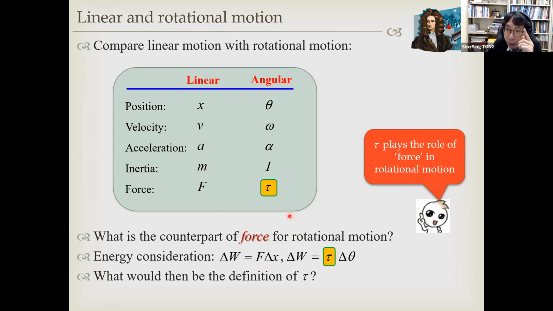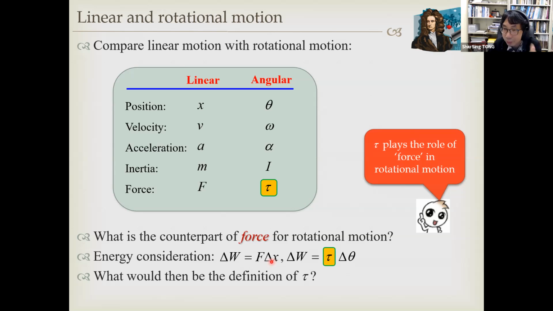If I now apply a torque to the object in rotation, and I find that when the object moves a small angular displacement of delta theta, the corresponding work done is equal to torque multiplied by delta theta. So I draw a similarity, an analogy, with the force.